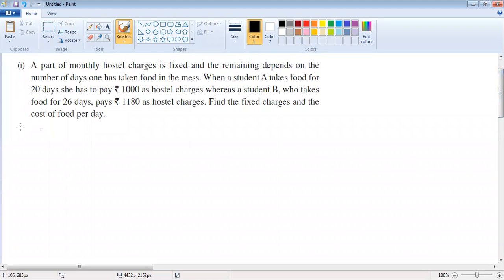Now, when you are seeing this one, as hostel fees, when you are coming out, you are paying some hostel charges. Hostel charges are of two kinds. One is fixed and another one is variable. This variable charge depends upon the days, how many days you are going to stay.